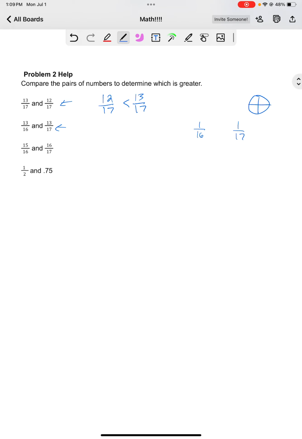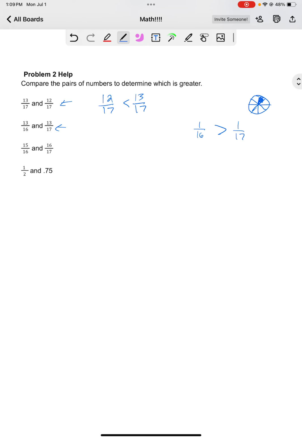Well, if I compared these two, then if you think about taking a pizza and chopping it up into slices, you can notice that the more slices you have, the more you divide it, the smaller a single slice becomes. And so that means that 1/17 is going to end up being a smaller amount than 1/16.